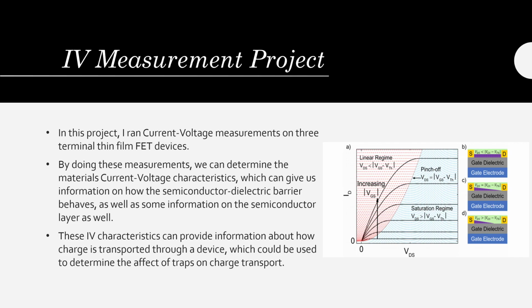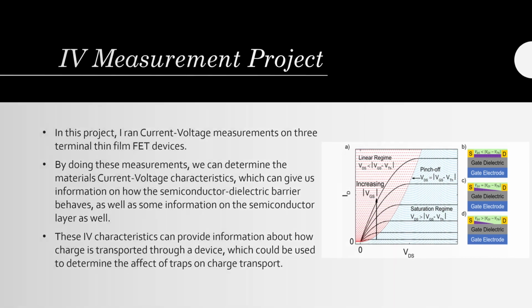These IV characteristics can provide some information about how charge is transported through the device, which could be used to determine the effect of traps on charge transport. The graph shown on the right is a preview of what the output graph for this measurement should look like.